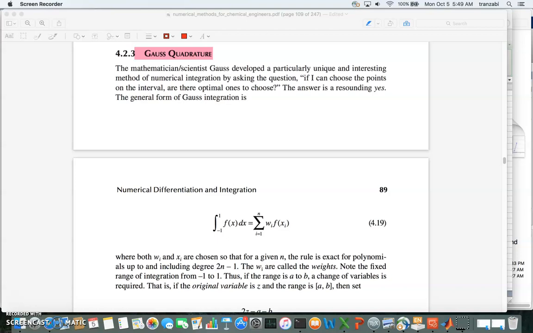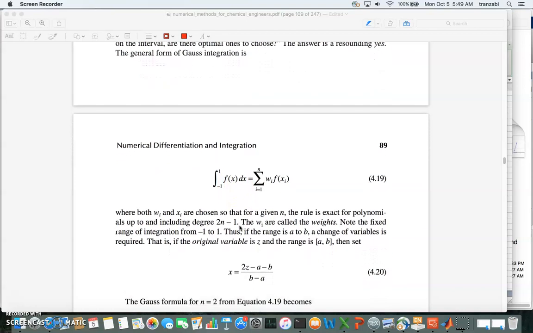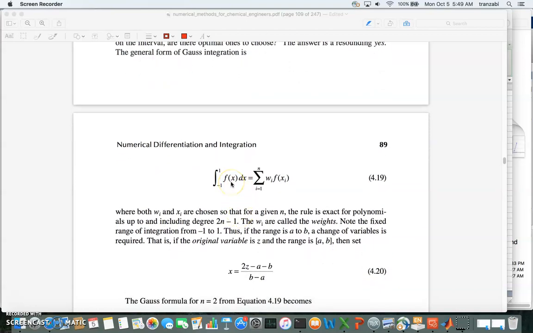According to the Gauss Quadrature, if you want to calculate the integral from -1 to 1 of f of x, then all we do is evaluate this function a couple of times, depending on the accuracy of the method we want. For every evaluation, we have a point, let's call it xi, and a weight for that evaluation.